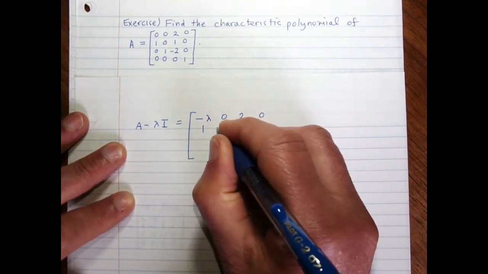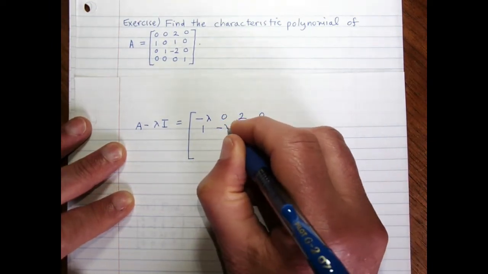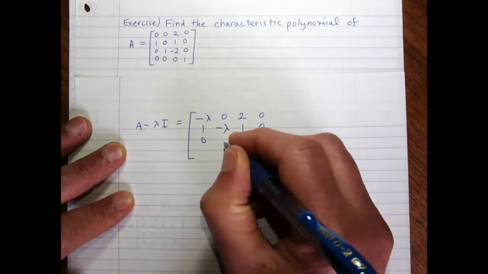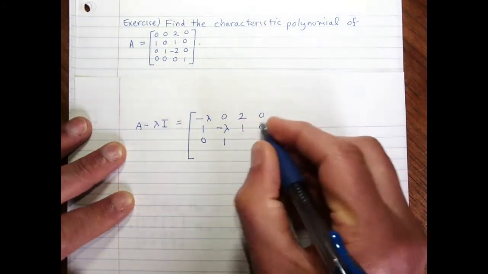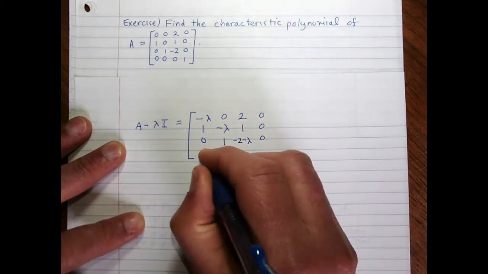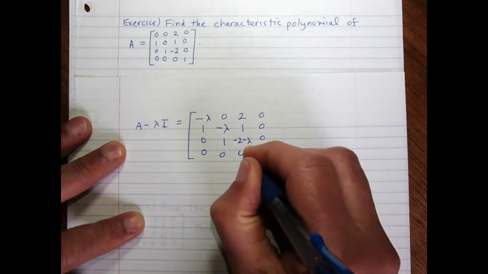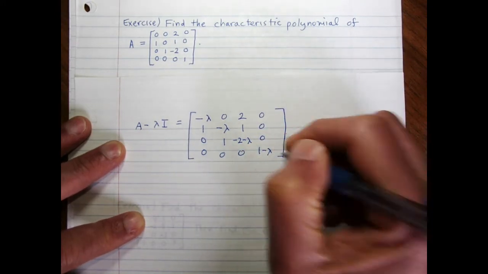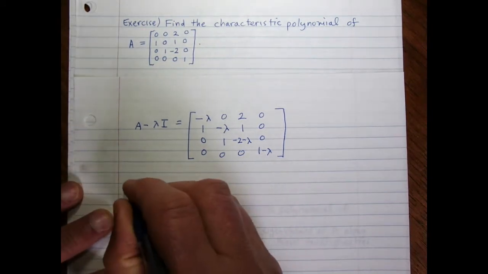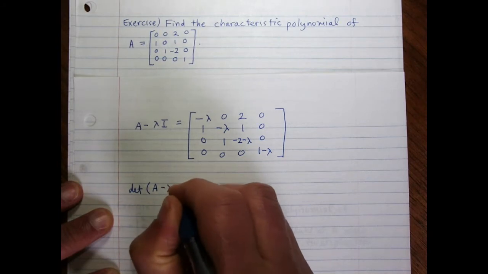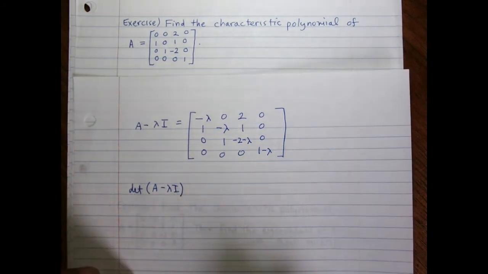I get another 0 minus lambda, so that's minus lambda, 1, 0, 0, 1. Now I'll have negative 2 minus lambda, 0, 0, 0, 0, and then I'll have 1 minus lambda. So we need to compute the determinant of that matrix, A minus lambda I.